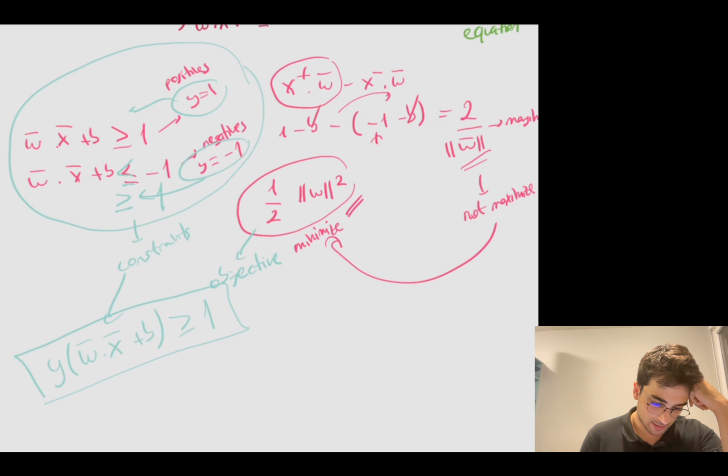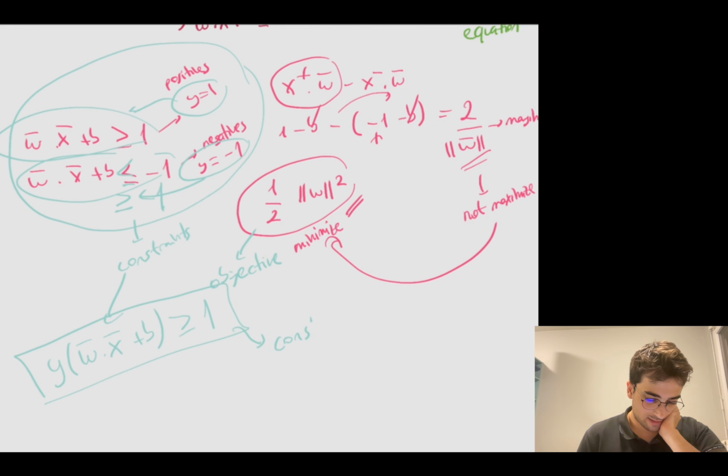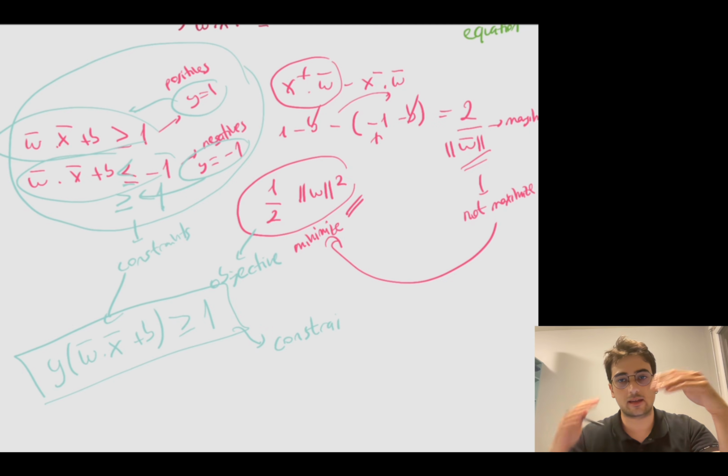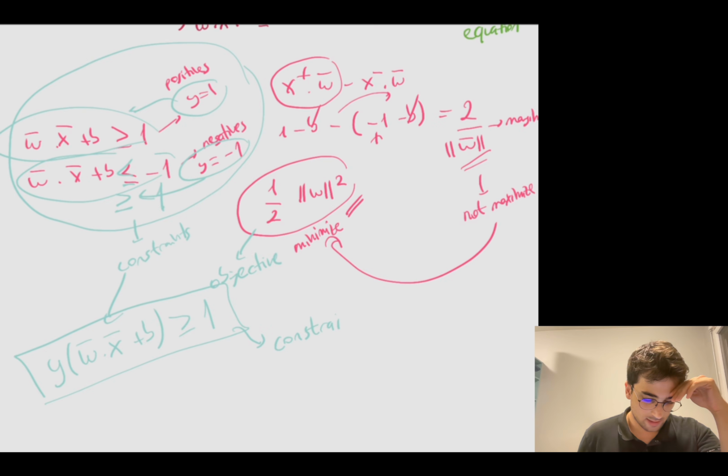No matter if it's positive or negative, because when it's negative, this is the equation, and when it is positive, this is the equation. So instead of having two different inequalities, we can have only one, with some simplifications. This is our constraint, and this is our objective.